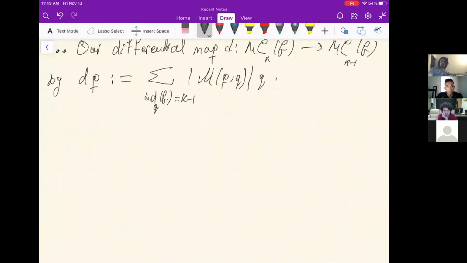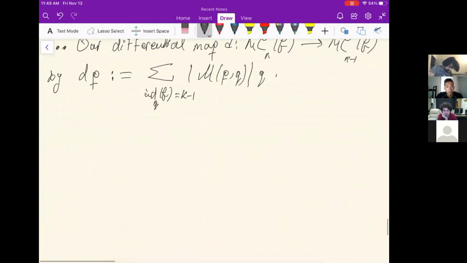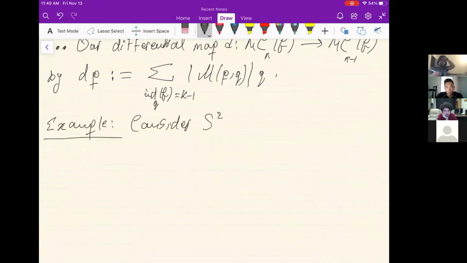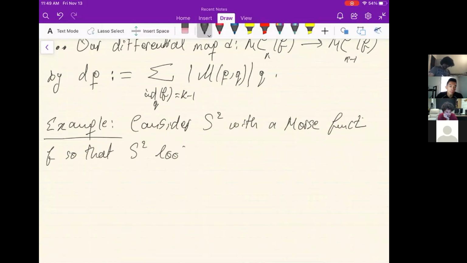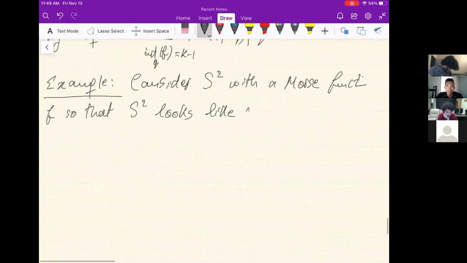Okay, I guess I should give a hard example at this point. So now we also consider S2, but this time with the Morse function f, so that S2 looks like, I don't know what to say, a sausage.